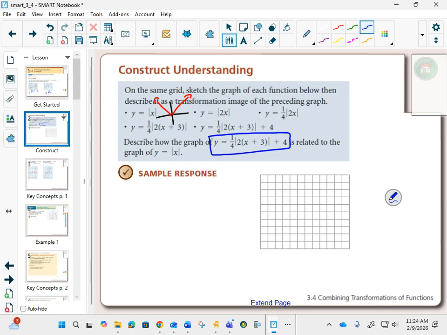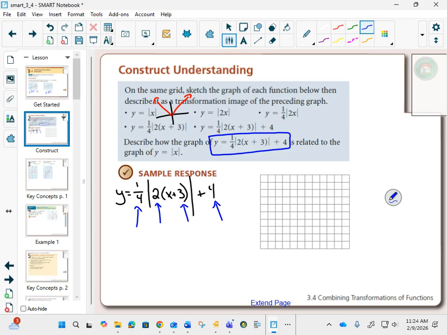one. Okay, and the way that we're going to do it is I'm going to rewrite. Here's my last one. I'm going to rewrite it for you. Absolute value 2, x plus 3, absolute value plus 4. And we're going to label what's in all of these numbers. We have to label which ones are vertical, which ones are horizontal.